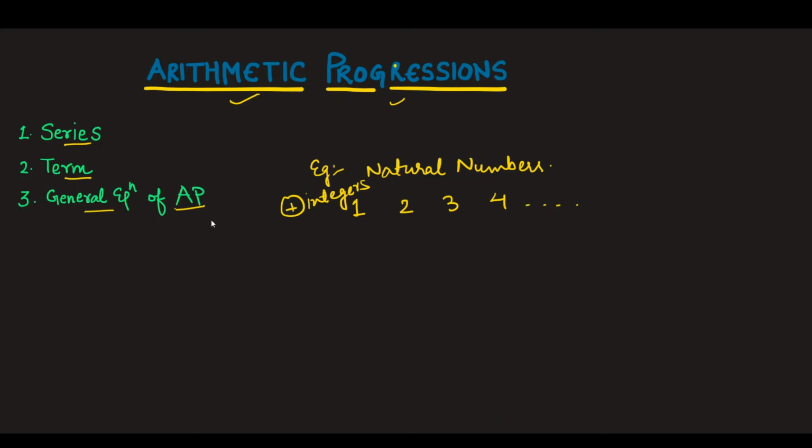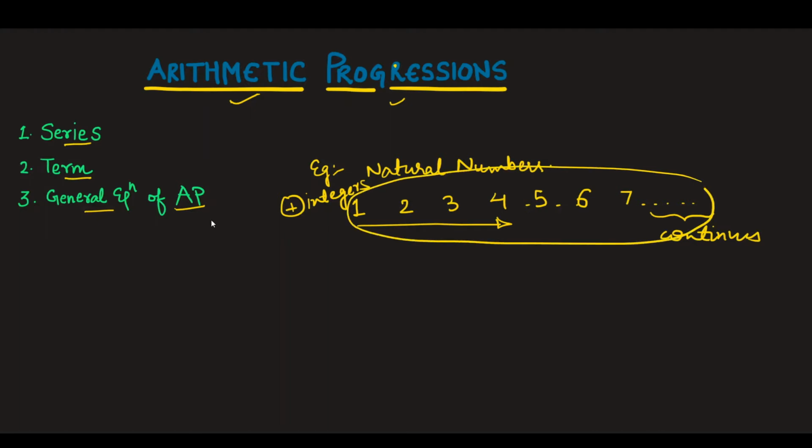So it is a sequence. It is going on, like there is a next term 5 and the next term 6 and the next term 7 and this writing of numbers continues. So this all together is a series, same as a sequence.